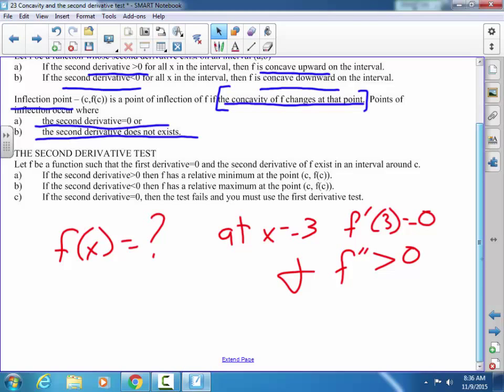Now, picture in your head, what does it mean if f prime at 3 equals 0? It is flat. What does the fact that the second derivative is greater than 0 tell you? So at this point, the first derivative says that the slope is 0, and the second derivative says it's concave up. Tell me about that point. What can you tell me about that point? It's not an inflection point, but how would you classify that point there?